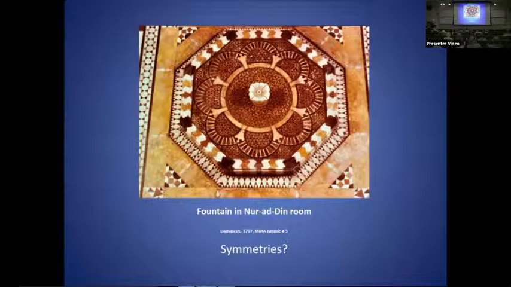There's a vertical line, a horizontal line, and then lines through any pair of opposite sides, and then also lines through these vertices, opposite vertices. The lines connecting opposite vertices are lines of symmetry. However, there's not 8 copies of this little thing or this little thing. And so the whole pattern may not have 8-fold rotational symmetry, but parts of it do, obviously.